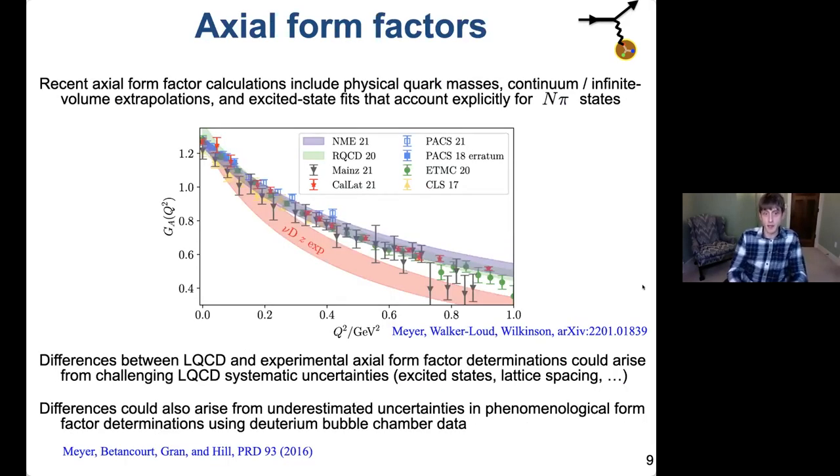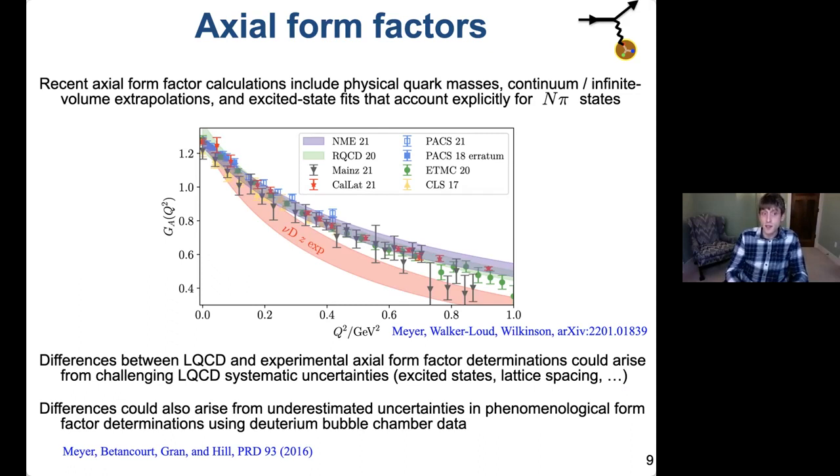So that brings me to the status of axial form factor results. It's exciting to say that there's 7 lattice calculations shown on this nice review plot by Aaron Meyer and collaborators that have results with physical quark masses. The 2 with bands here include full continuum extrapolations and some estimate on those systematic uncertainties.